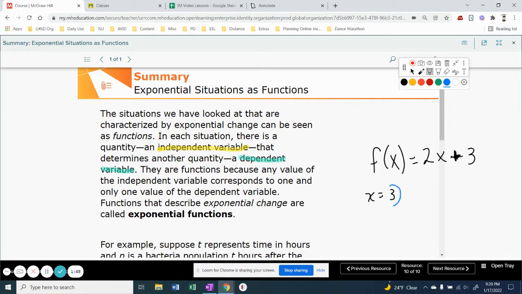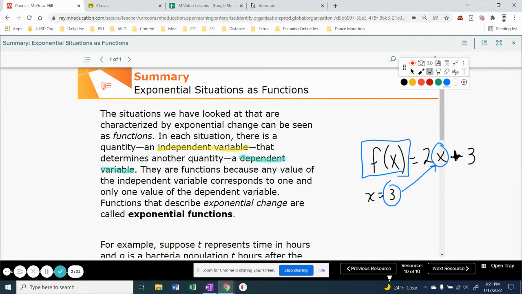We can take that value of 3 and put it in for x, and that 3 determines what our f of x will equal. So our x determines the y. All right, so x, or the horizontal, is our independent variable, and our dependent or vertical variable is the dependent variable.